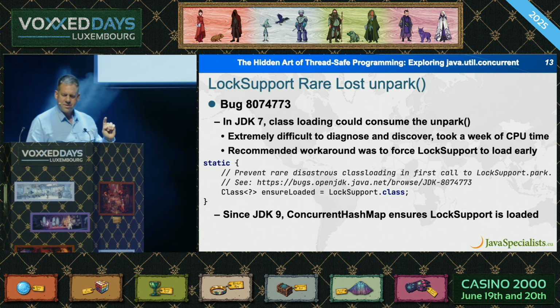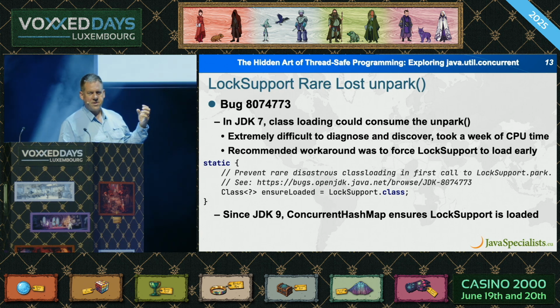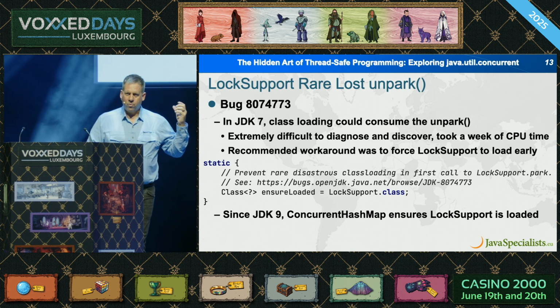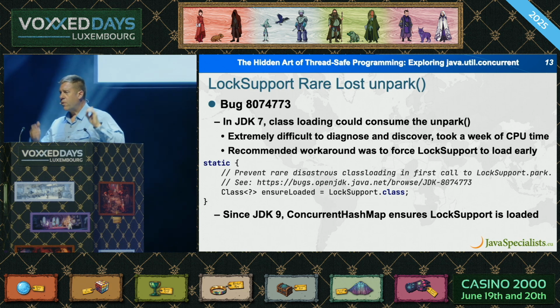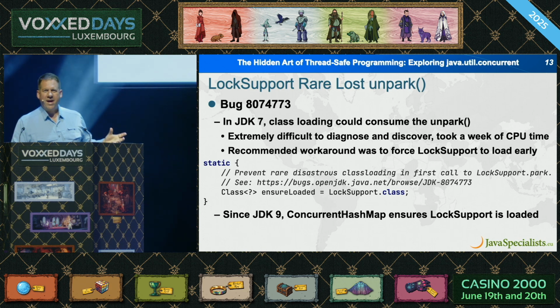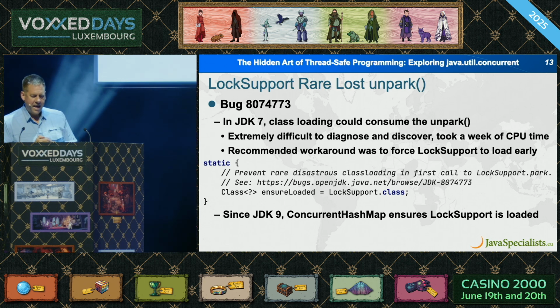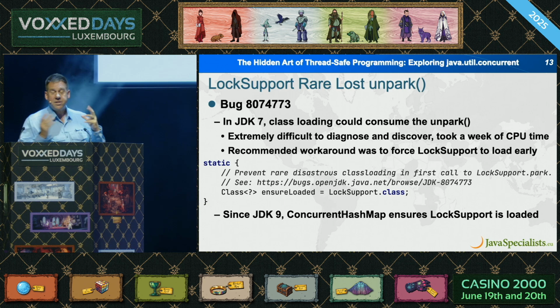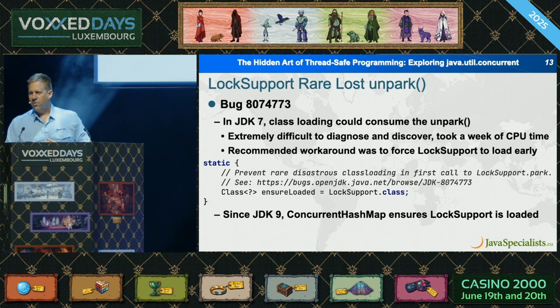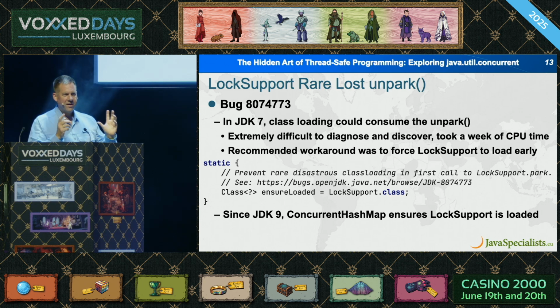And what happened was there was a bug that Martin Buchholz discovered working at Google, where sometimes a thread would not get unparked. It would get parked, but not unparked. And he had to run his test for a whole week in order to get one example where this happened.